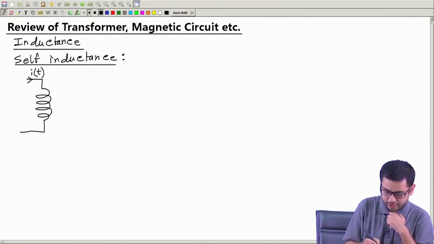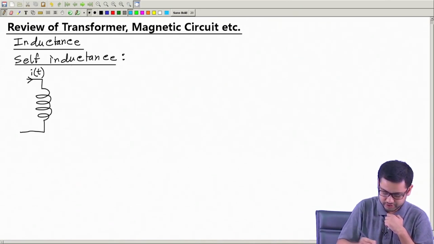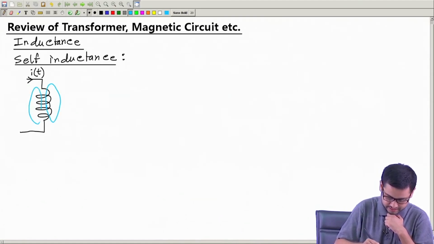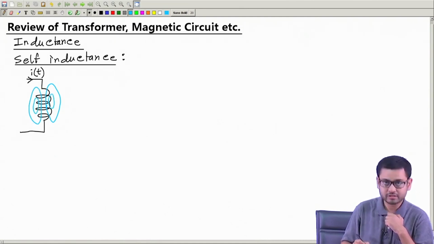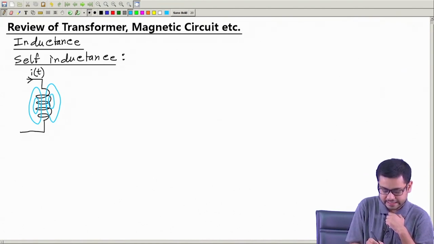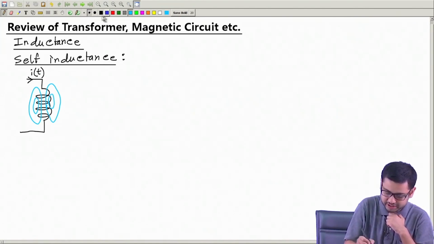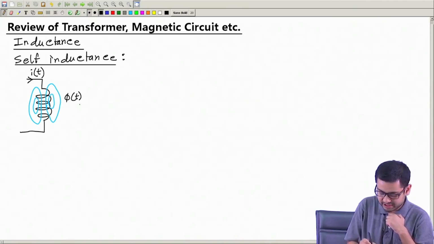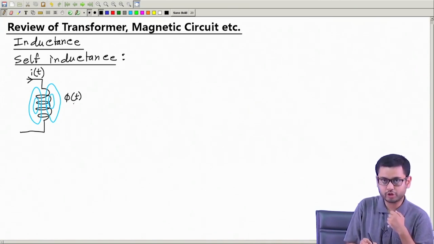Now when this current flows, it will create some magnetic flux like this. And if i(t) is changing, then this flux, if I call it phi, will also be changing with time. Phi(t) will also be a function of time.